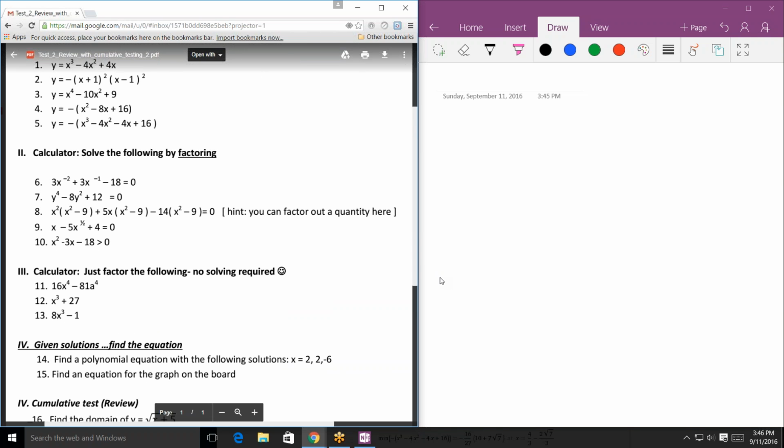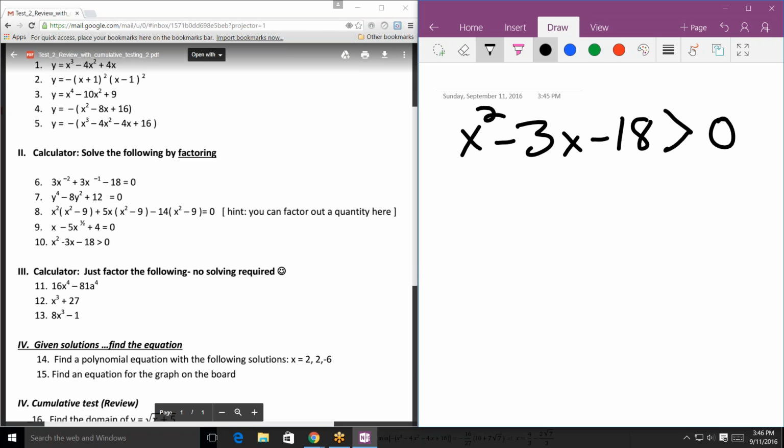That's a good point, because inequalities are completely different than equations when you're doing it like this. First of all, factor that. Whenever you see a quadratic, always think factoring. If you can factor it, you should.